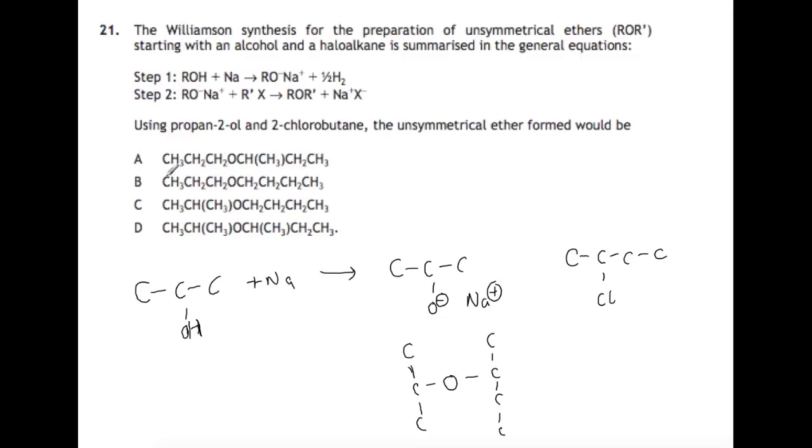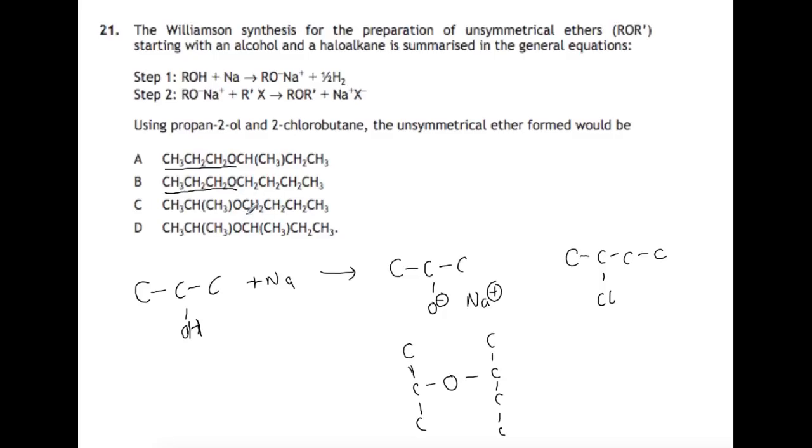Now these have all been drawn out in terms of shortened structural formula, so we need to find one which would fit. So here, this part here would be for propan-1-ol, so that one cannot be correct, as is this one here. If we look at the next one, we have a CH3 and then a CH, and then that CH has a chain on it to allow it to join on to the oxygen.